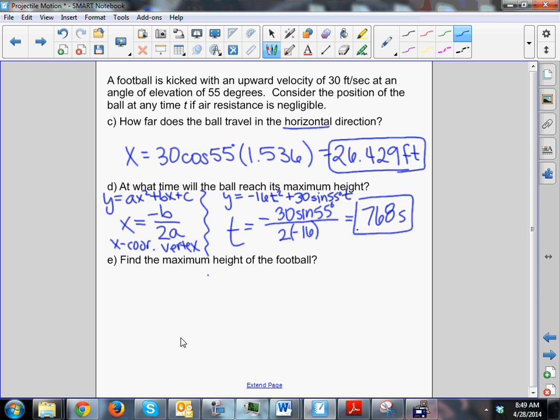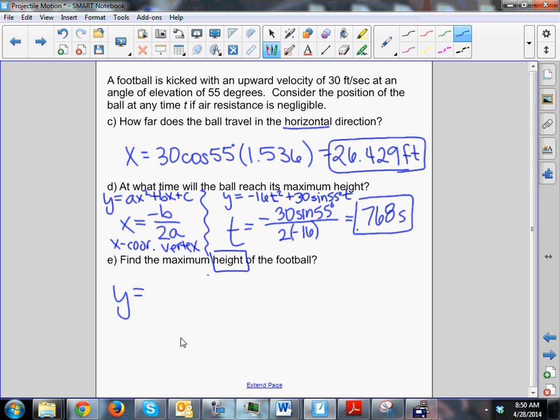All right, now, lastly, find the maximum height of the football. Use the time and plug it into which one? Of y. Height, we're plugging into y. So this is when we reach the maximum height.